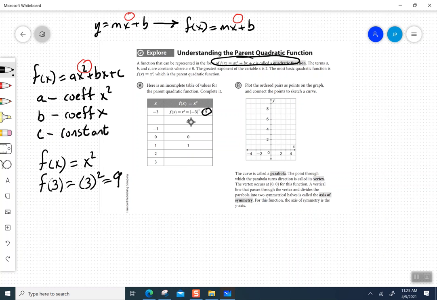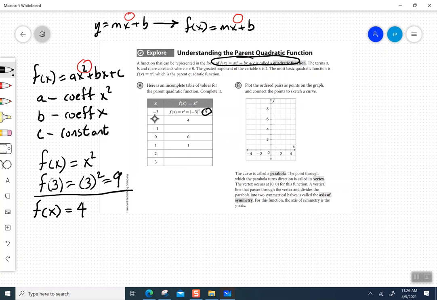So what did they plug in to get 4 as an answer? Well, that's pretty simple. What did you square to get 4? Notice the numbers they're picking: -3, blank, -1, 0, 1, 2, 3.